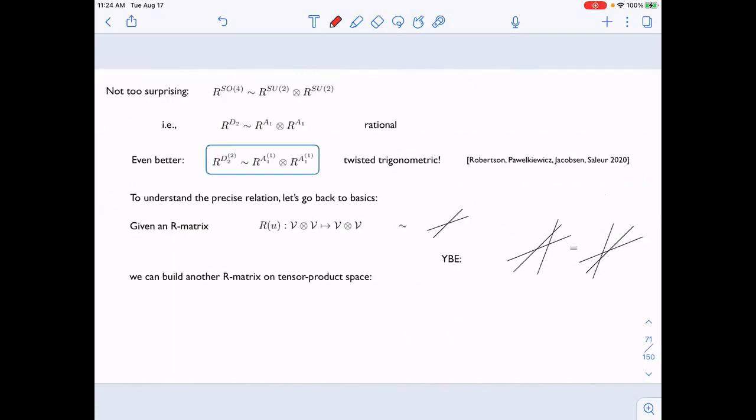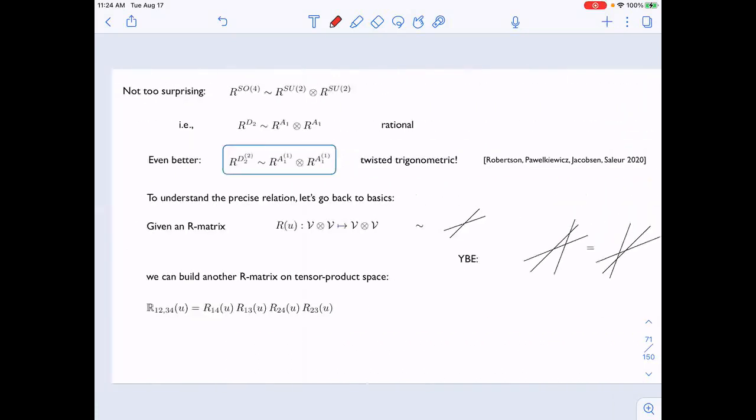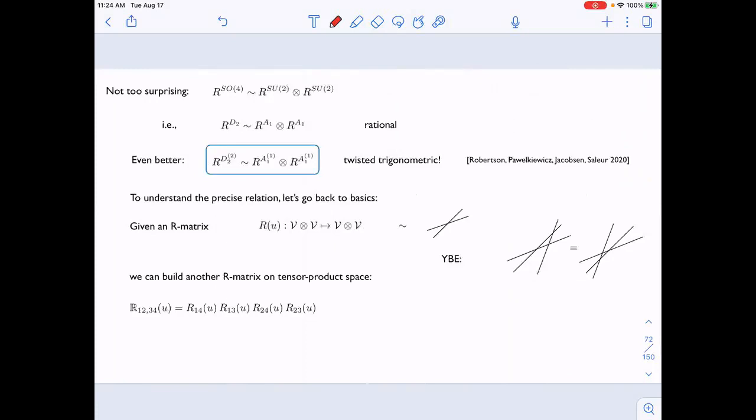Then we can build another R matrix on the tensor product space. So what that means is that we can take, and now come the blackboard fonts, this R blackboard is given by a product of 4 R matrices, which is taking this tensor product of 2 vector spaces and then times itself.